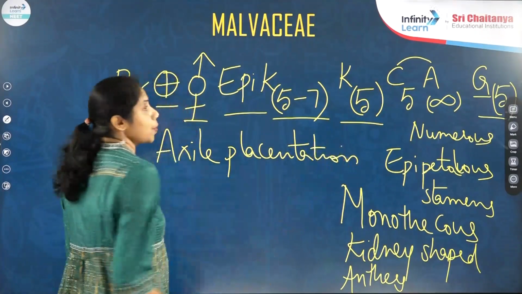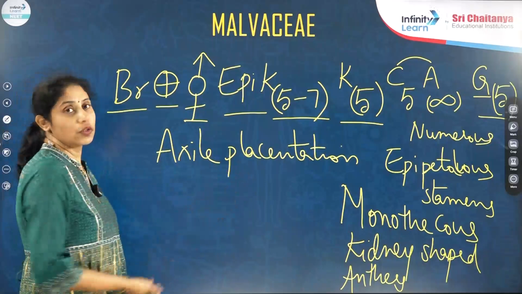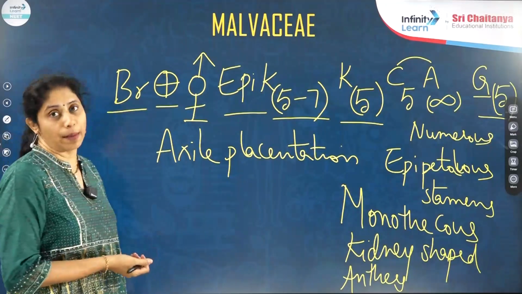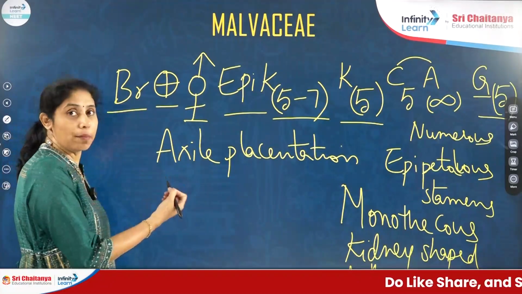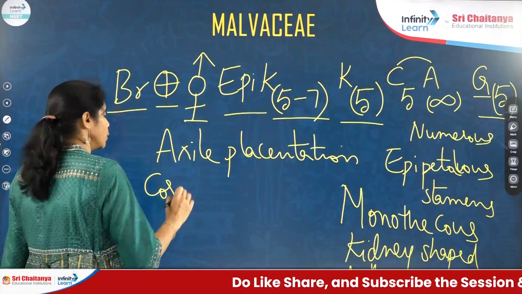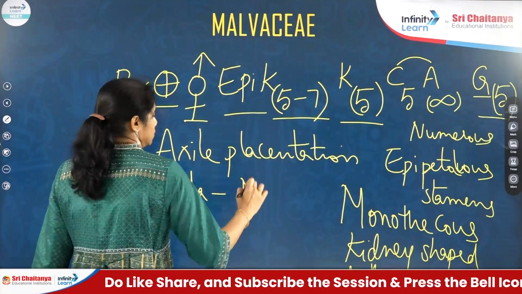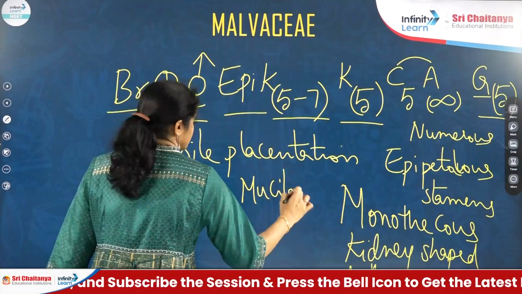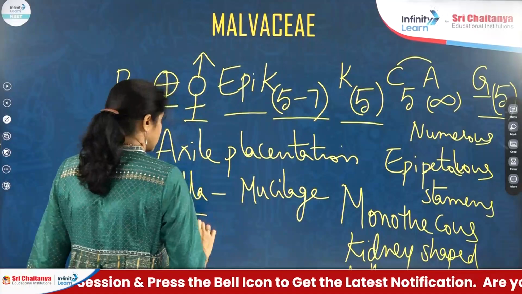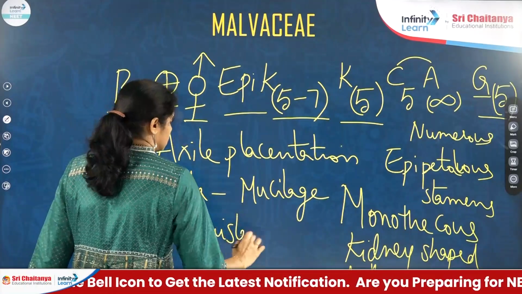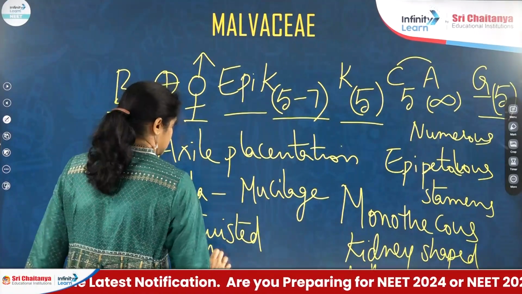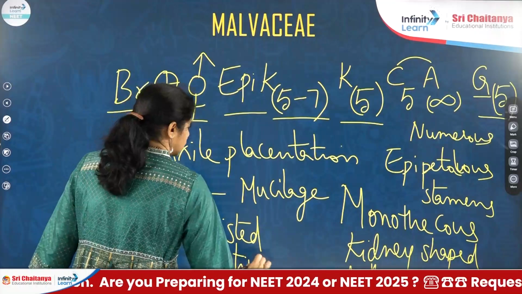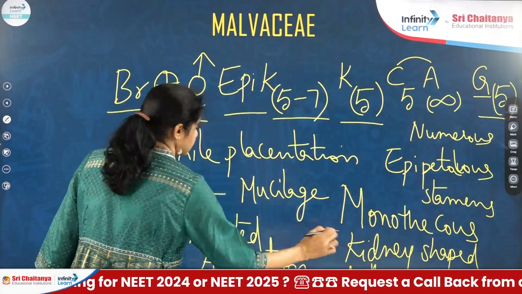This also shows superior ovary, and these conditions will be there in the Malvaceae family. And along with that, you have to remember that corolla will be showing the mucilage. Corolla is mucilaginous and it will show twisted aestivation. These are the distinguishing features of Malvaceae.